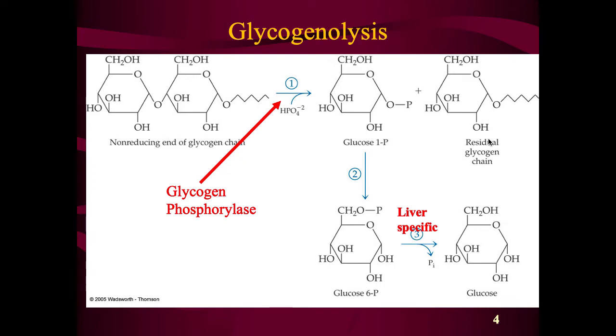Okay? Now, here's another option. The liver can do this. Go glucose 6 to glucose. Now, if you're going to name this enzyme, it's like a game show. Name this enzyme. A lot of times we want to start with a substrate and then add what it does.